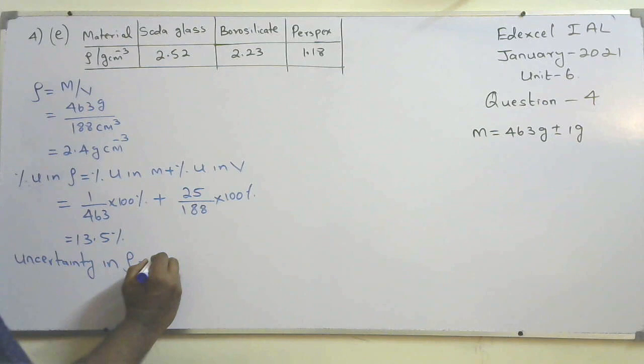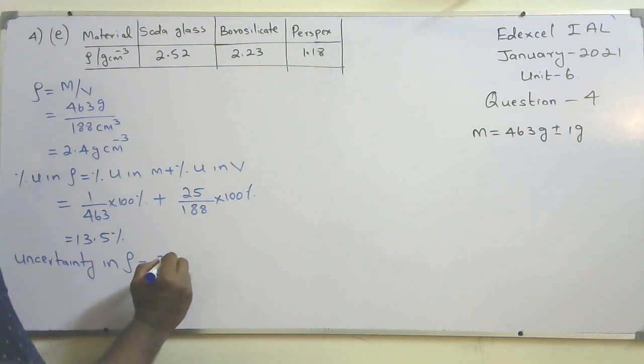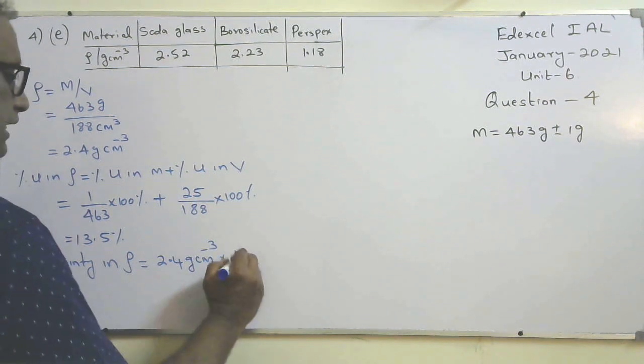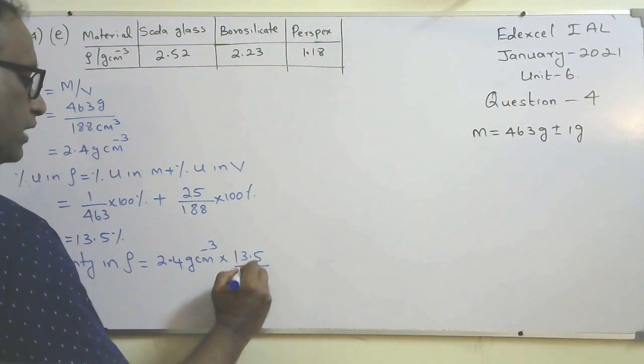So I know the density is 2.4 gram per cm cubed, times 13.5 over 100.